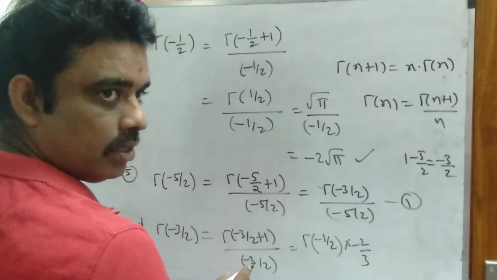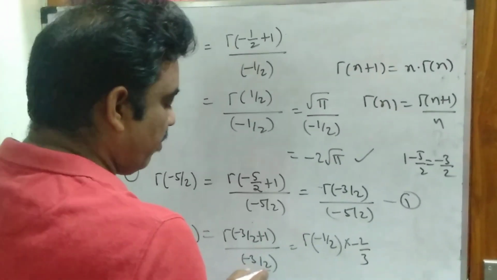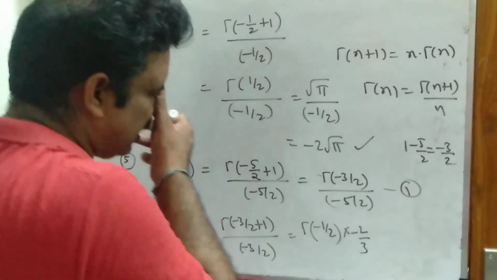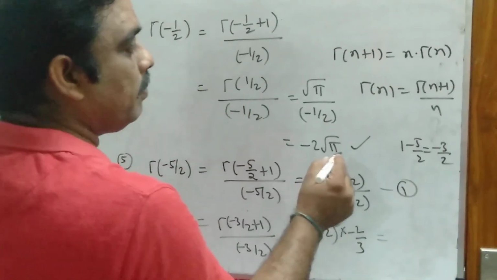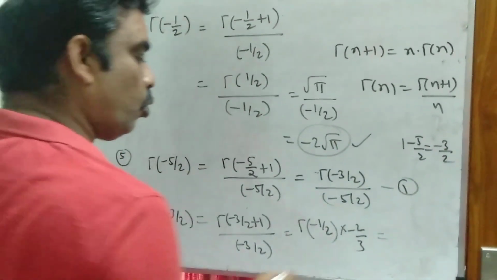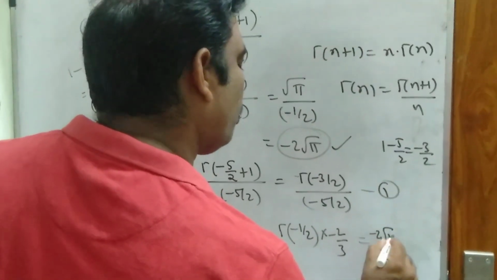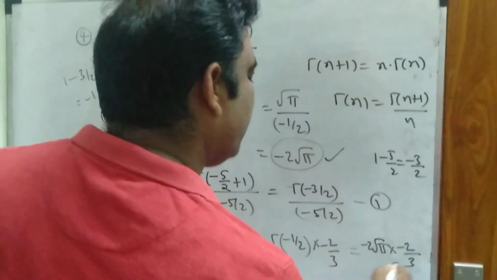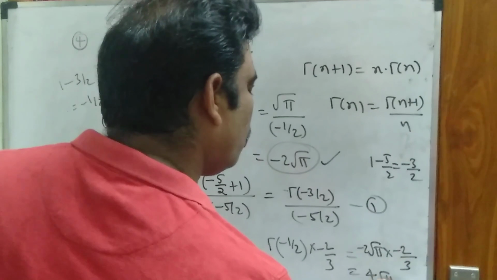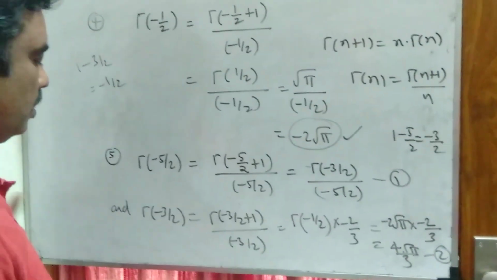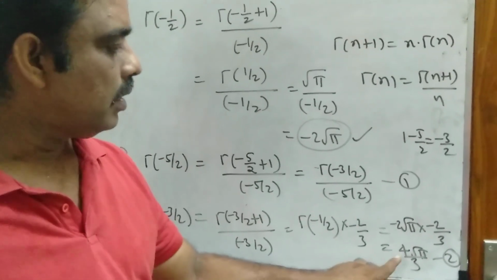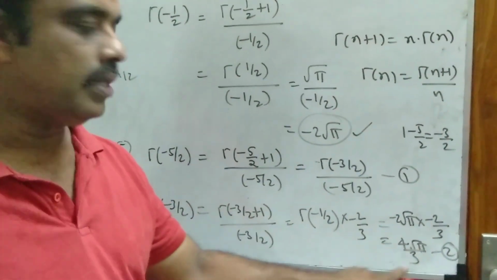Am I right? In the numerator it will be 2 by 3 with a negative sign. But what is gamma of minus 1 by 2 from the previous problem? I can write it as minus 2 root pi. So minus 2 root pi into minus 2 by 3 is 4 root pi by 3. Call this equation number 2. Gamma of minus 3 by 2 is 4 root pi by 3.